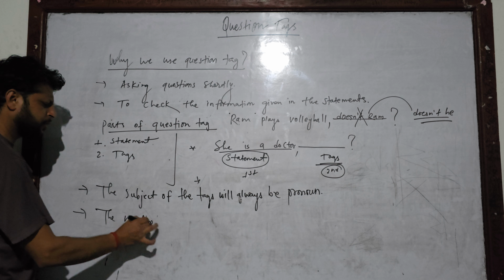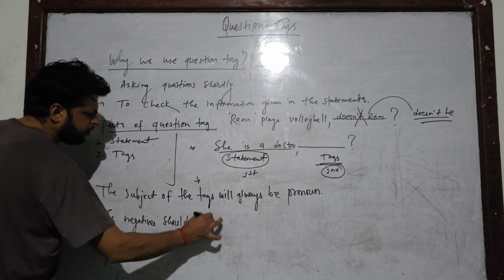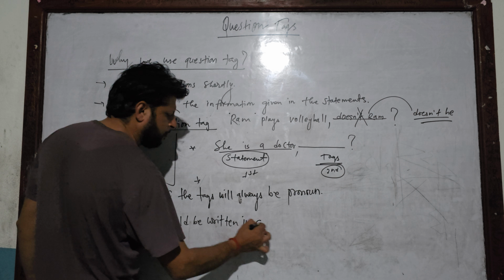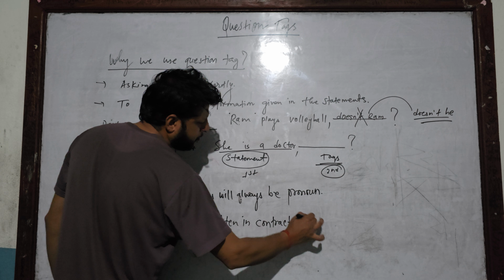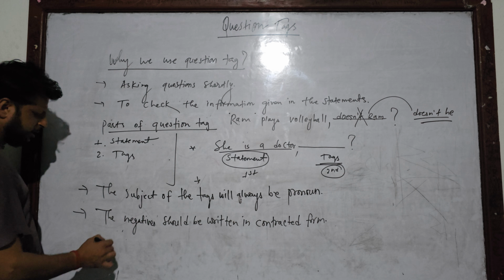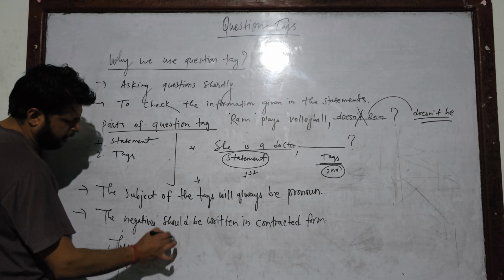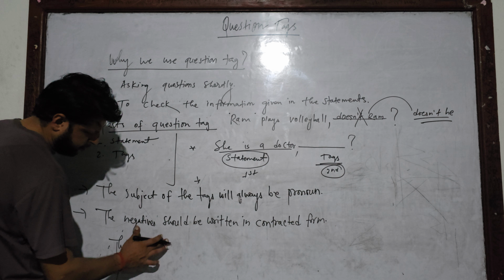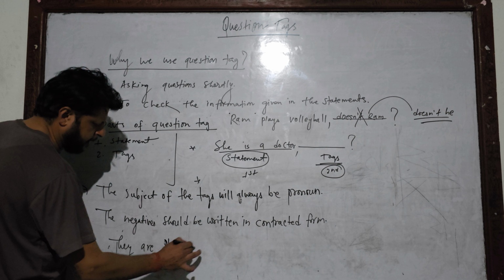Okay. All right. Now, see here the negatives. The negative should be written in contracted form. As for example, you see here, they are playing games.